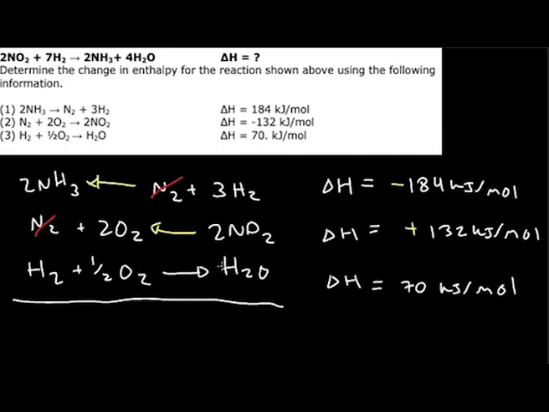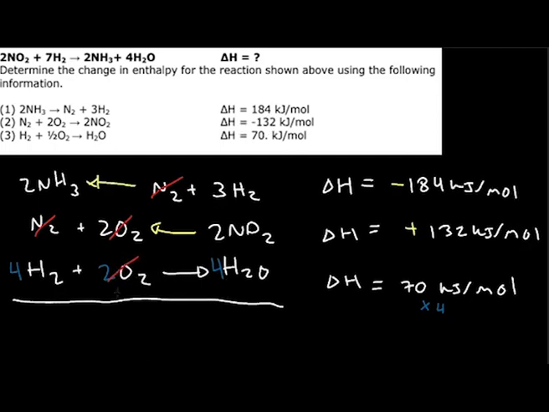When we multiply by 4, we'd also need to multiply the delta H by 4. Let's put this here so we won't forget. So now we'll get 4 here. We would get a 2 here and a 4 here. Now that this is done, we can cancel out this O2 and this O2.